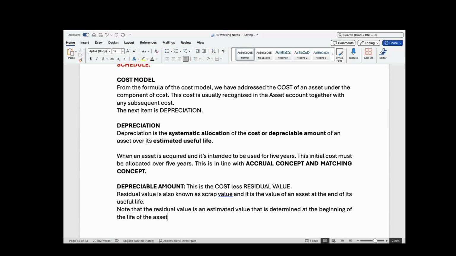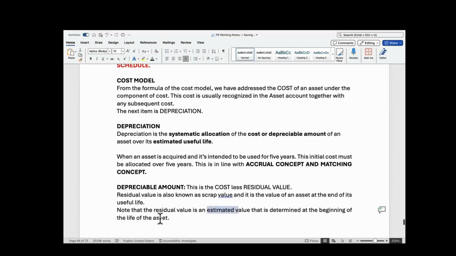So there's no way we can know this with precision or have an exact amount. It is an estimated value. So don't be surprised if they tell you that after 2 years there was a change in residual value.